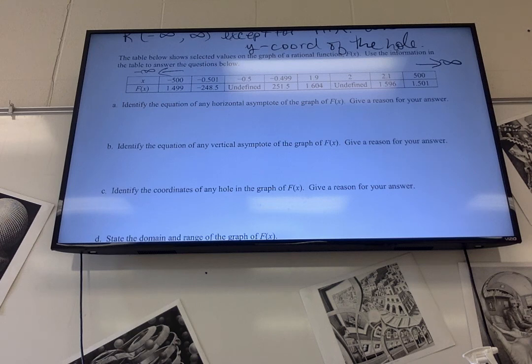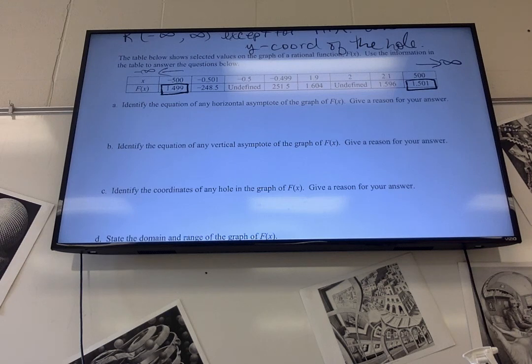I know it's an actual number, it's negative 500, but it's getting bigger and bigger and bigger. Obviously, in a table, we can't show infinity. So, are these two things approaching close to the same number? Yeah, what would that number be, you think?